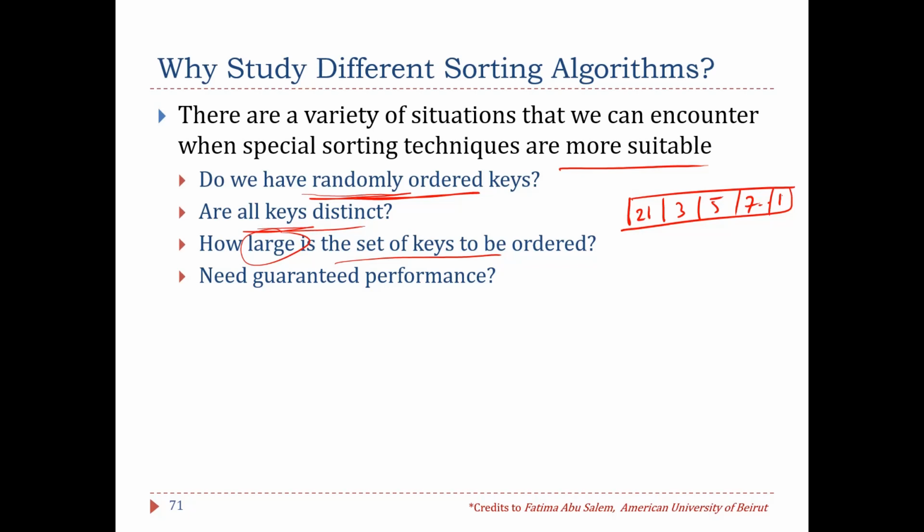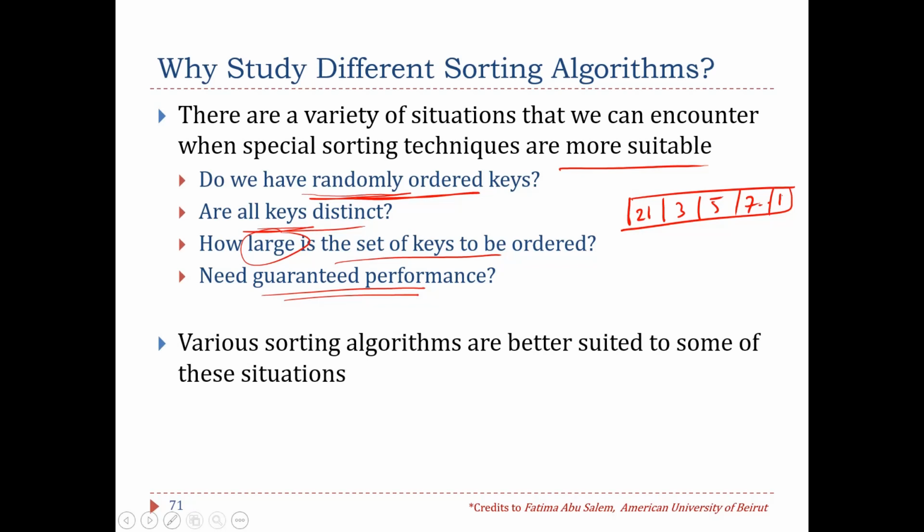And do we need a guarantee on the performance? In this case, is it an average over all those cases, or in particular cases, or in the worst case scenario, and so on and so forth? So we'll see how this relates to different cases.